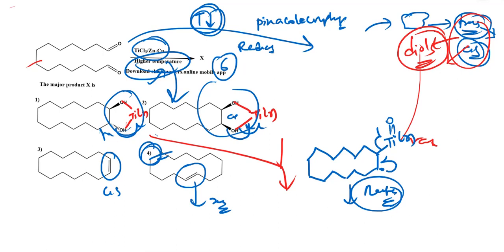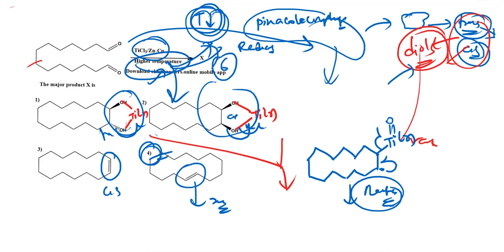The reaction condition is changing the products and the reactions. If the reaction takes place at lower temperature, it is pinacol coupling, producing cis and trans diols, and the trans diol is the major one. Whenever the reaction takes place at higher temperature, it proceeds through the McMurry reaction mechanism, and the products are cis and trans alkenes, and the trans alkene is the major product.